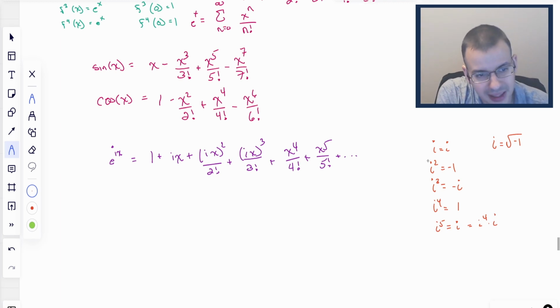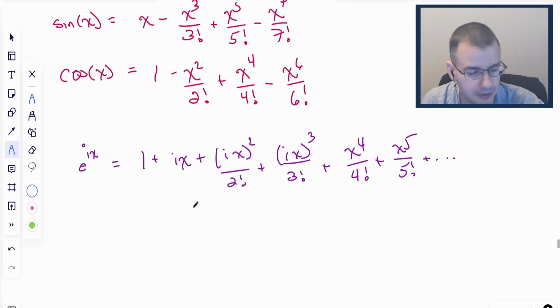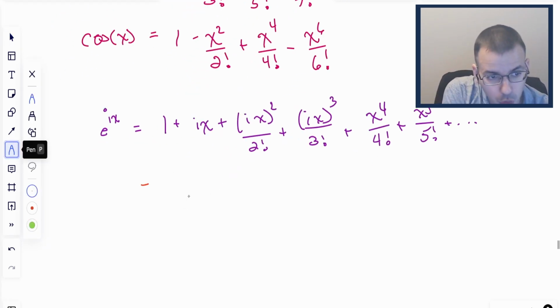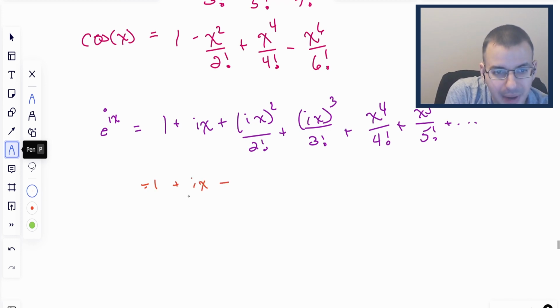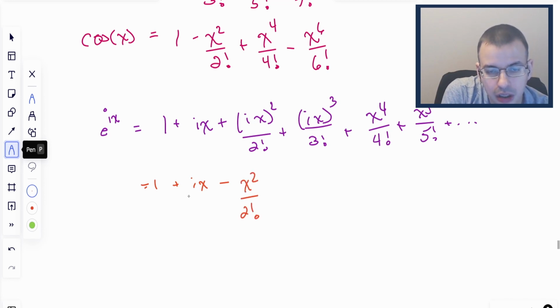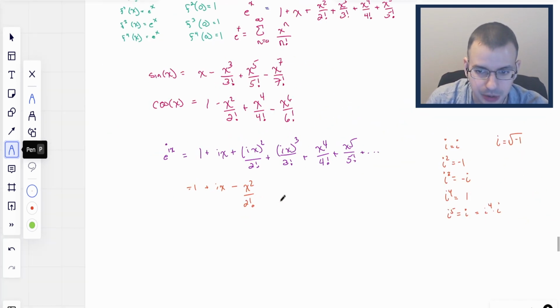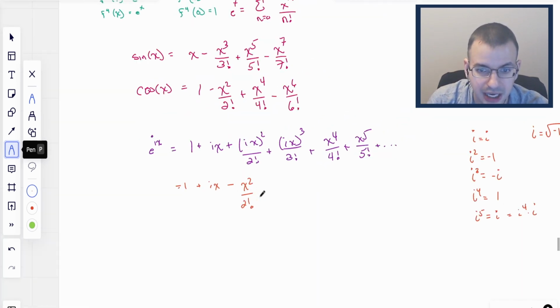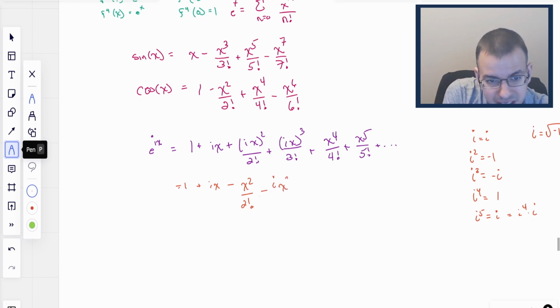So when we apply that to the equation we just wrote, we get 1 plus ix minus, because we get an i squared, x squared over 2 factorial, and then i cubed is -i, so minus ix cubed over 3 factorial.